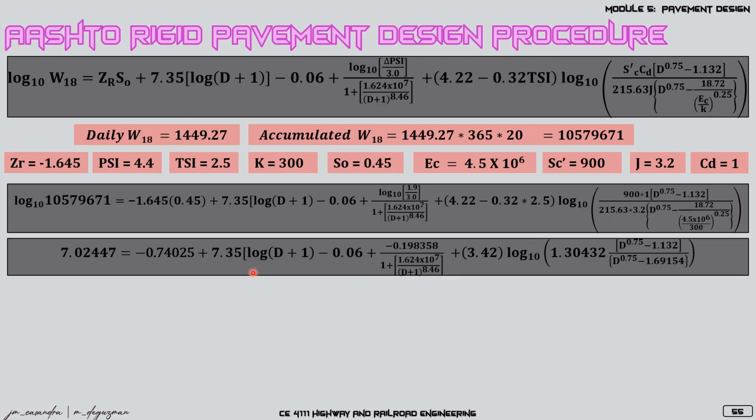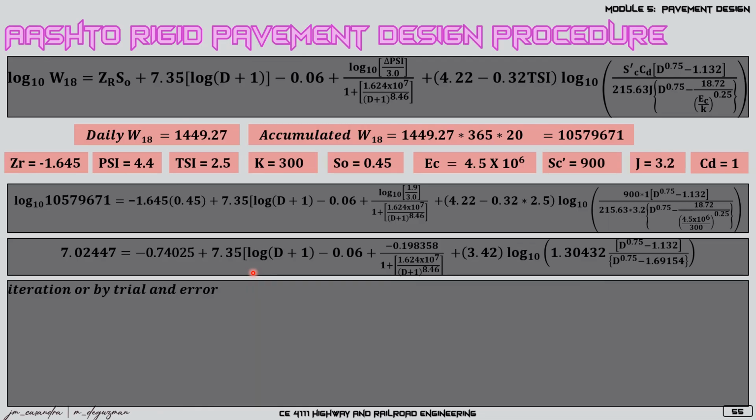It's kind of hard to simplify our long equation. So to solve now for the thickness D, we are going to apply iteration, which you have learned from your numerical methods, or trial and error. So you can tabulate this with the trial value of D and the equivalent log W18.